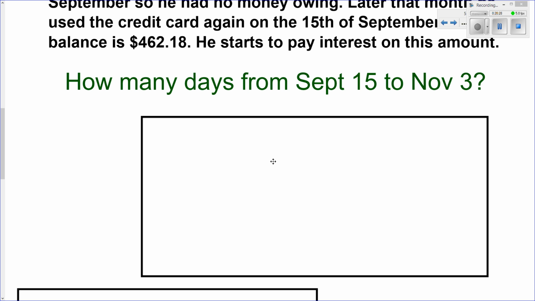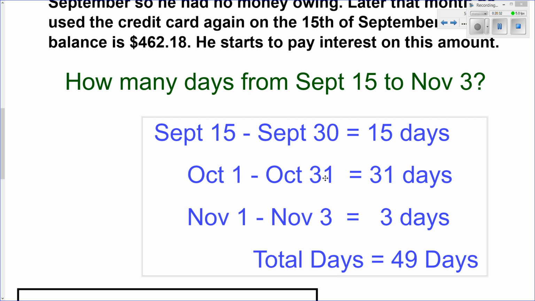So we got to figure out the number of days. From September 15th to September 30th, there are 15 days. From October 1st to October 31st, that is a total of 31 days. And from November 1st to November 3rd, we have 3 days. So that's a total of 49 days.